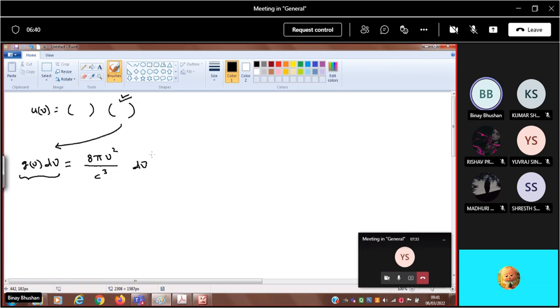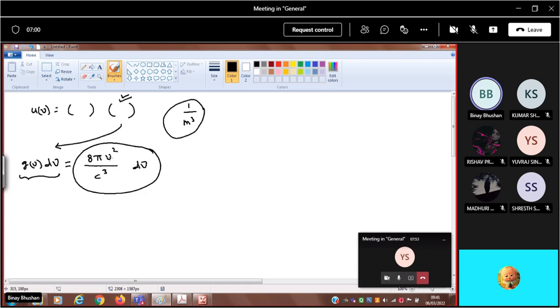That means this quantity should have the dimension of a number, so that will be dimensionless. So number per unit volume means 1 by meter cube. That should be the unit of RHS. So you can easily calculate this.